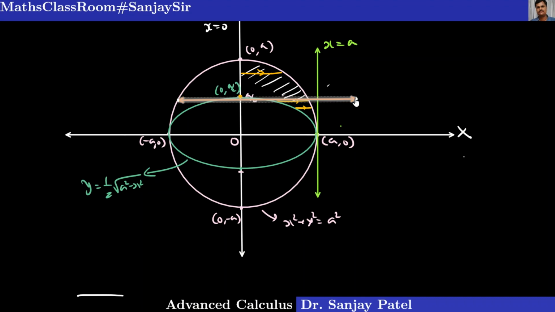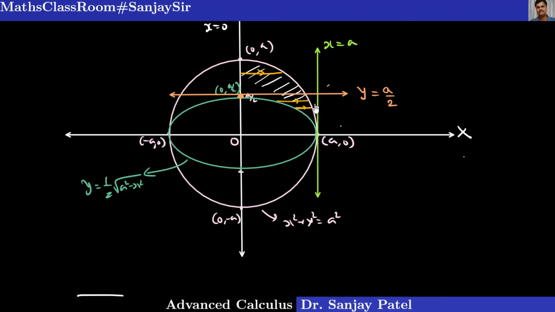Let me draw a little bit above. So it is touching this point, and which is given by 0 comma a by 2. So this line is horizontal passing through 0 comma a by 2. So its equation is y is equal to a by 2. So this is a critical position from which the end curve of the horizontal strip is changing.